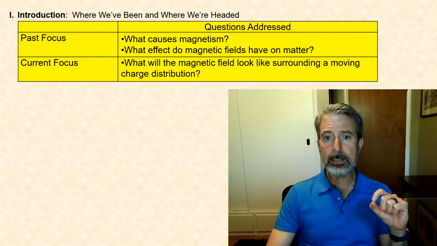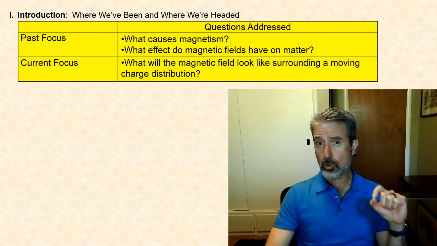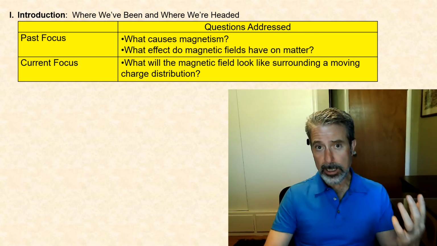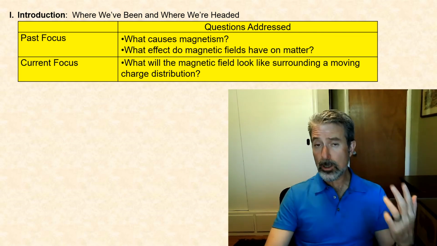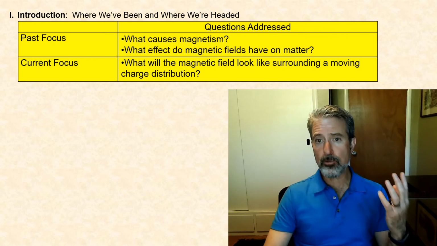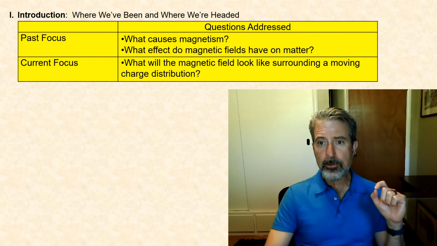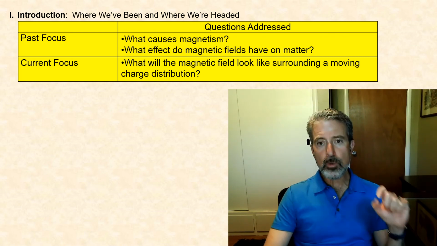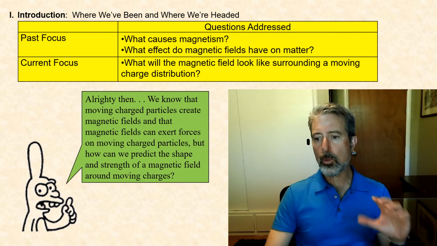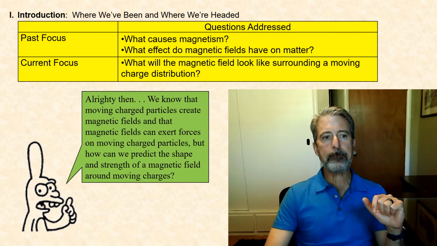So we would need to describe both the magnitude of the magnetic field, reflecting the strength of the field, as well as the direction of the field, which also plays a part in the form of the field, at every point in space surrounding a moving charge distribution. So that is what we're going to be focusing on today.